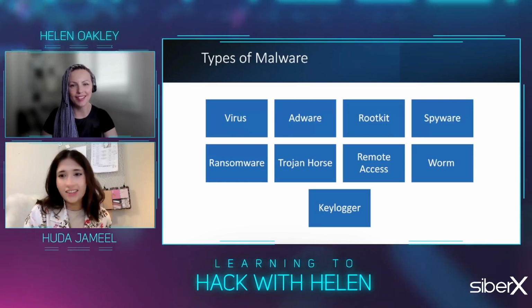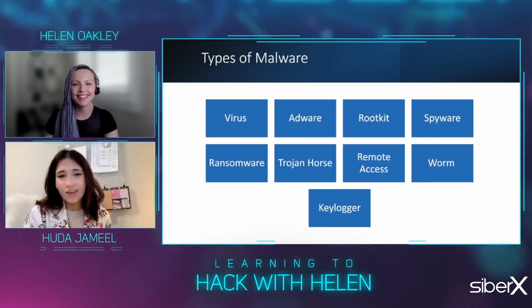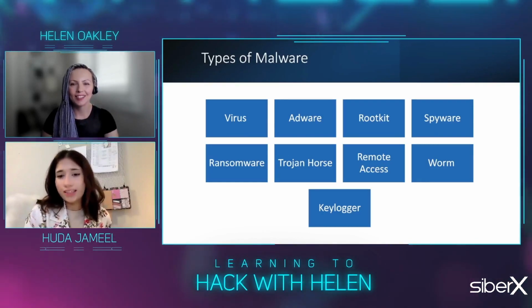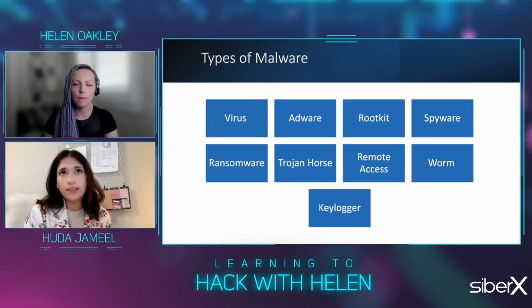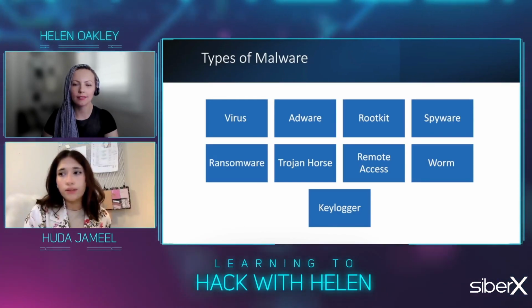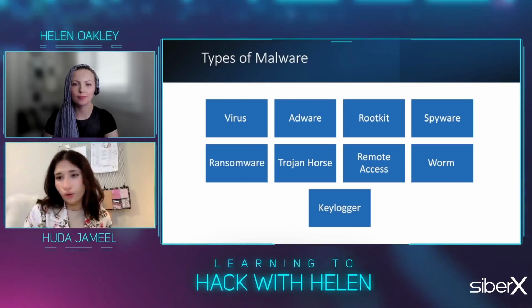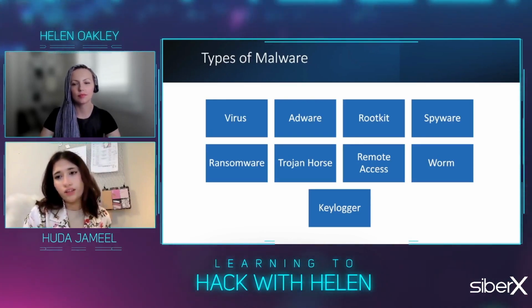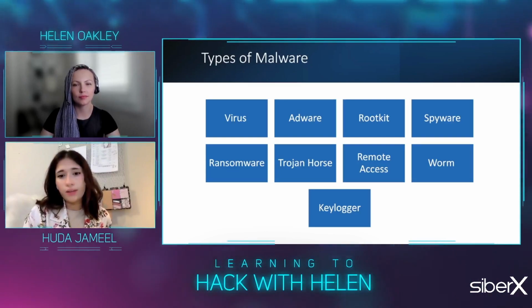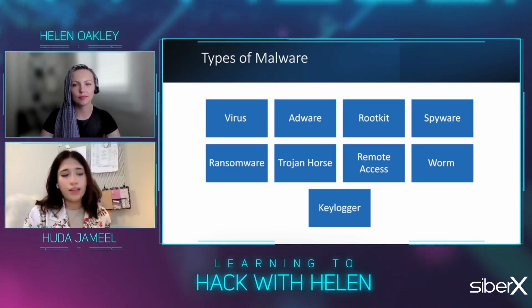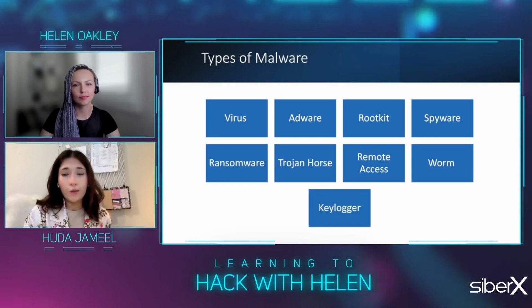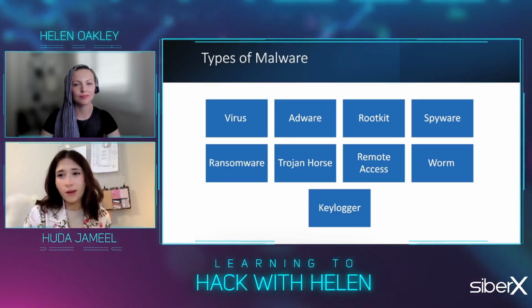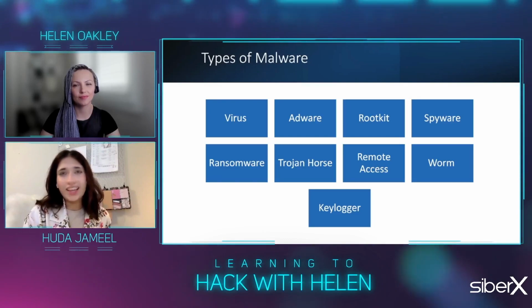Yes, that's interesting. And then we have Trojan horse, then remote access. Remote access is more about the threat actor having control over your PC or computer. So it's like command and control, C2, right? They would launch a malware that takes control over your system in such a way that you will not be aware of it.